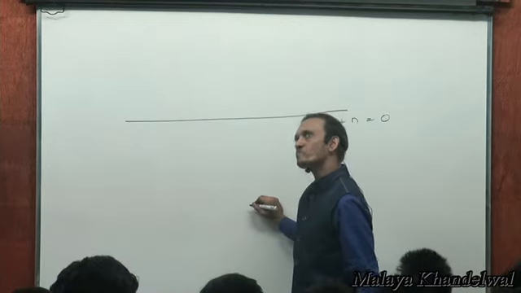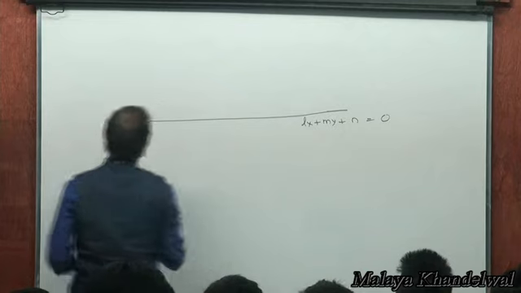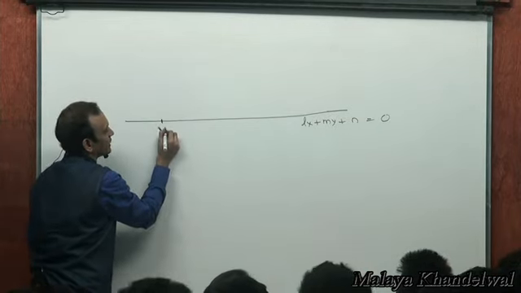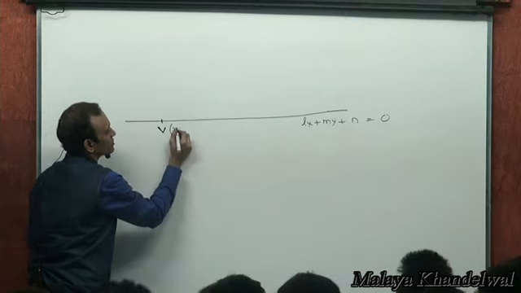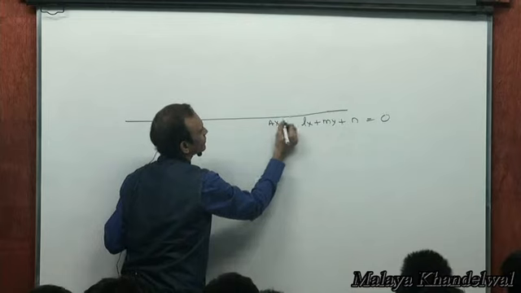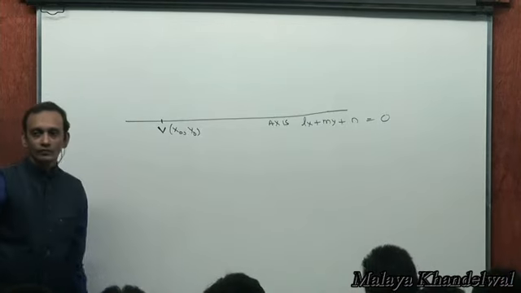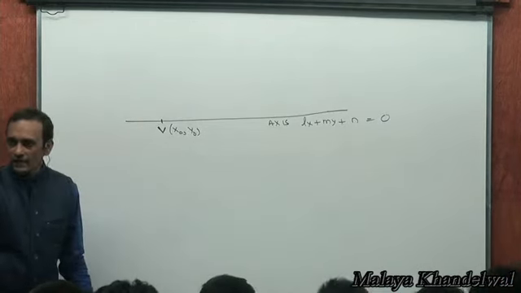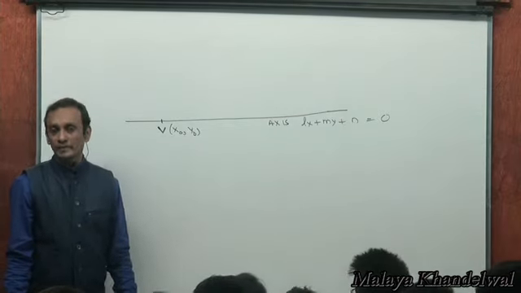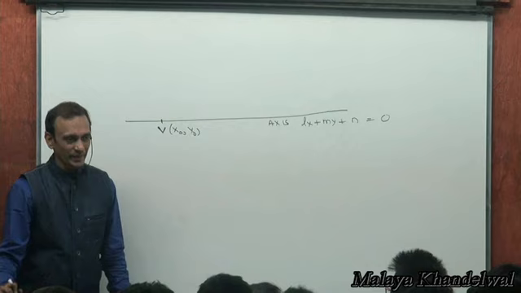Okay. And they gave you the vertex V. Vertex V was, say, x0, y0, which will always lie on the axis, right? And then they said, find the equation of the parabola.